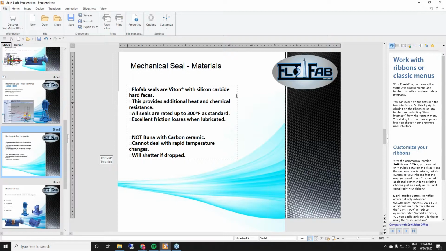Usually the Viton silicon carbides are only used on inlines, and then you use the ceramics for your in suction, just so that you have a more cheaper, affordable pump. Plus, they're not in the vertical, so there's not as much stress. But instead, what we did here in FloFab is we just decided that one mechanical seal would be better, and so we used the high quality seal on both the in suction and the inline pump.